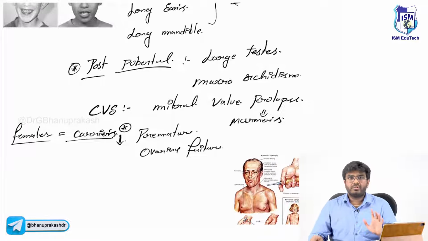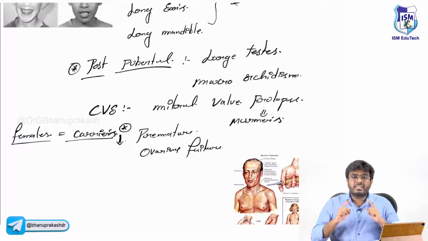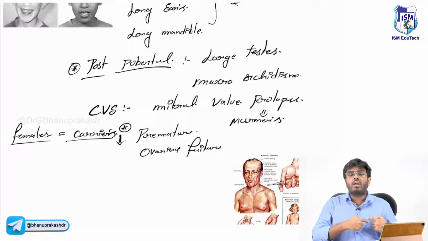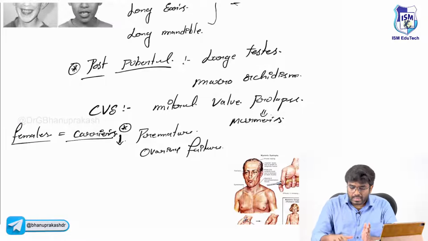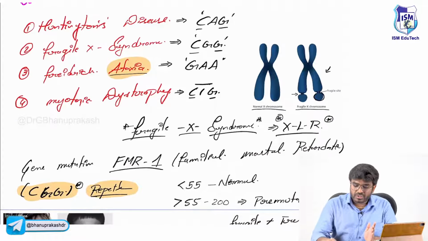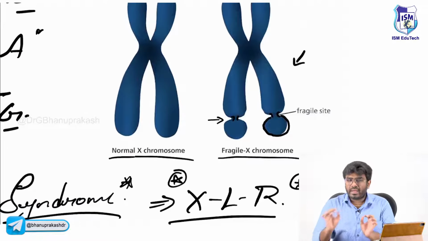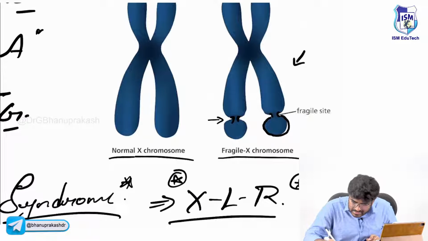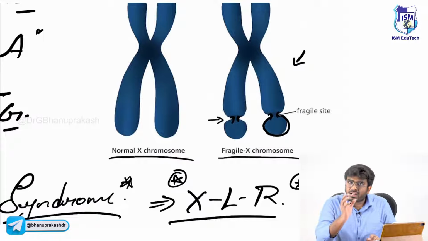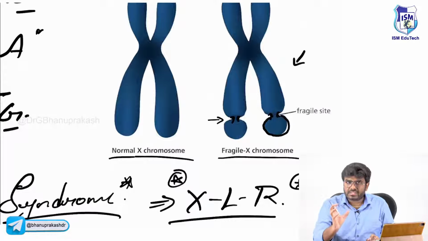Whenever you see a question with a large face, elongated face, large mandible, with large ears, but the nose size is normal, with mitral valve prolapse with murmurs, you should think this patient has Fragile X syndrome. They can also ask you an image based question, like they can give you an X chromosome with these ends that are getting detached from the chromosome.